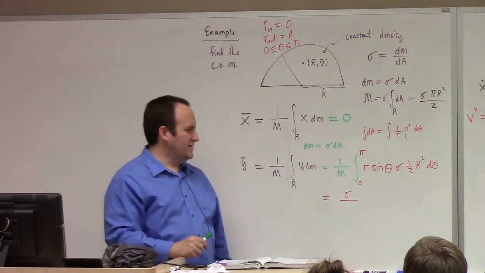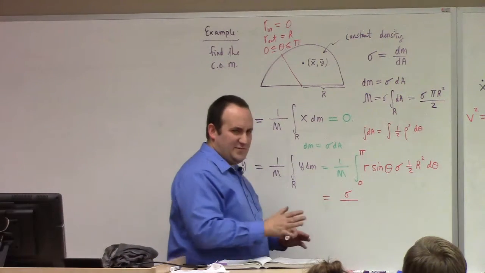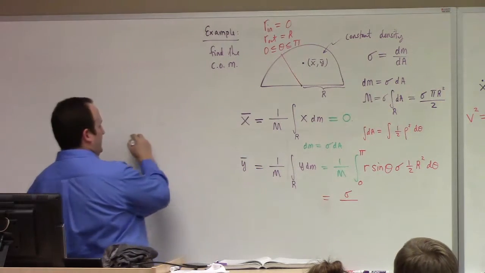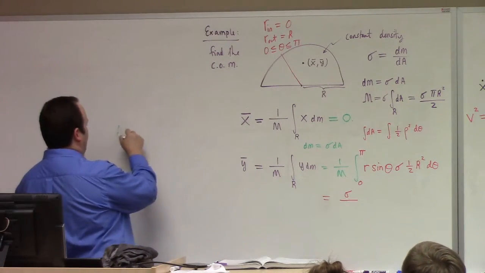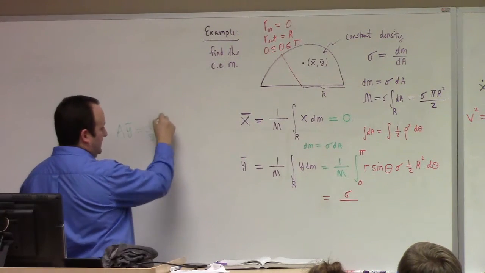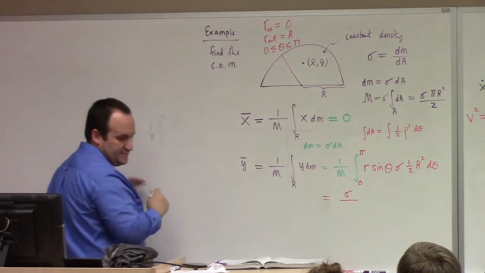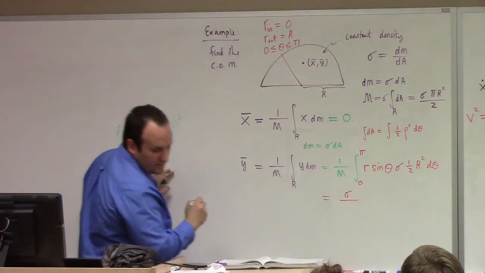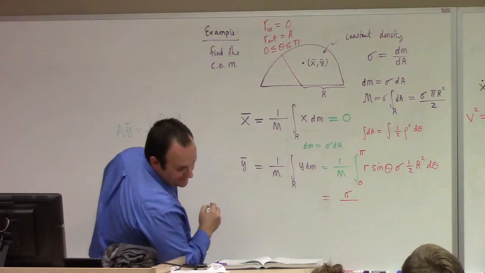Oh, that's weird. So basically page 495 says what you have to do is, 495 says that the area times y bar is equal to 1/3 the integral of rho cubed sine theta d theta.